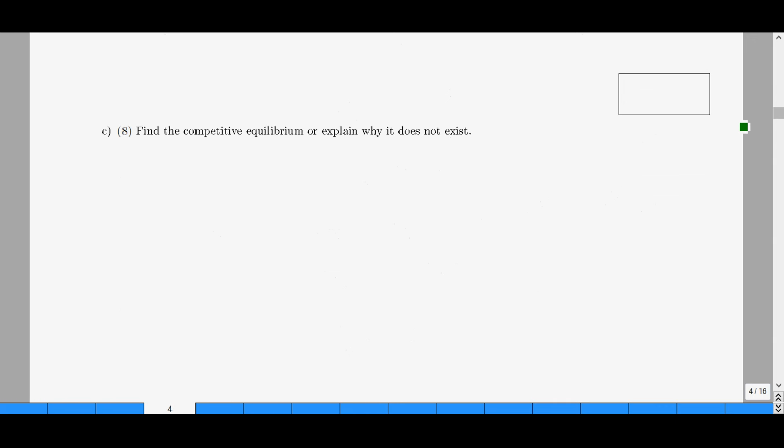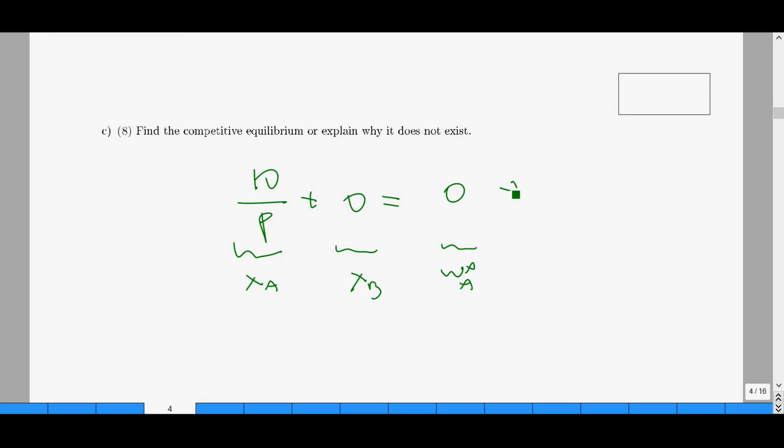So for the competitive equilibrium, we need supply equal to demand. So xa demand is, not 1 over 10, 10 over p plus 0, is equal to the endowment: omega ax plus omega bx, which is 10.